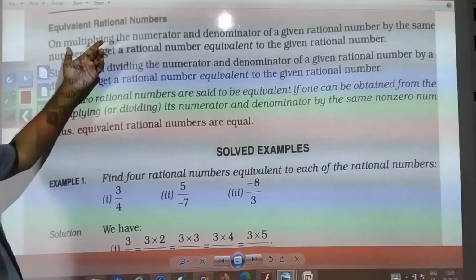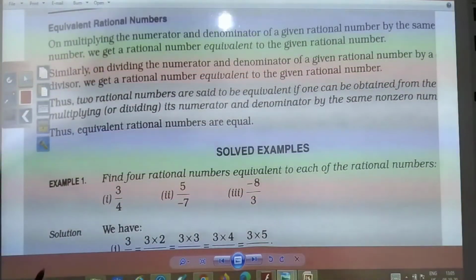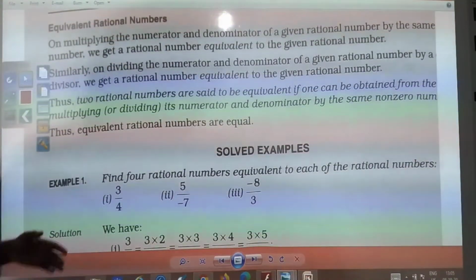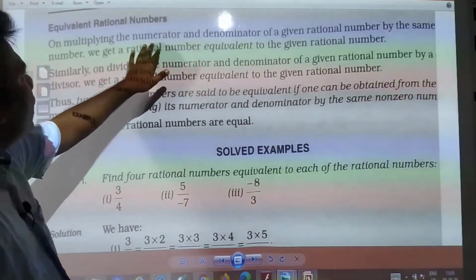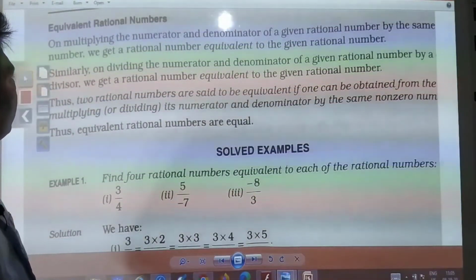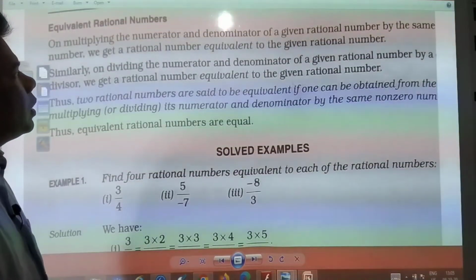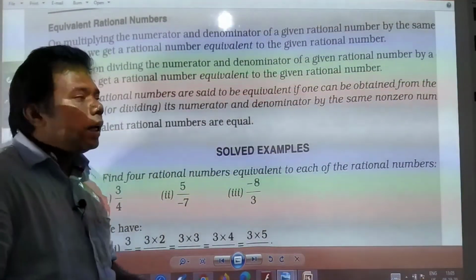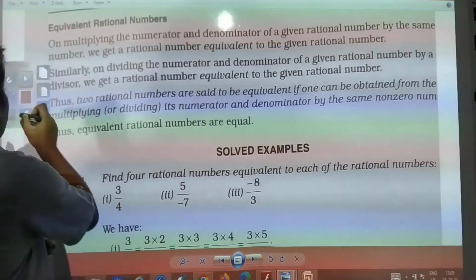Here you have equivalent rational numbers. Already you have studied equivalent fractions. On multiplying the numerator and denominator of a given rational number by the same number, we get a rational number equivalent to the given rational number. Last day it was explained properly.